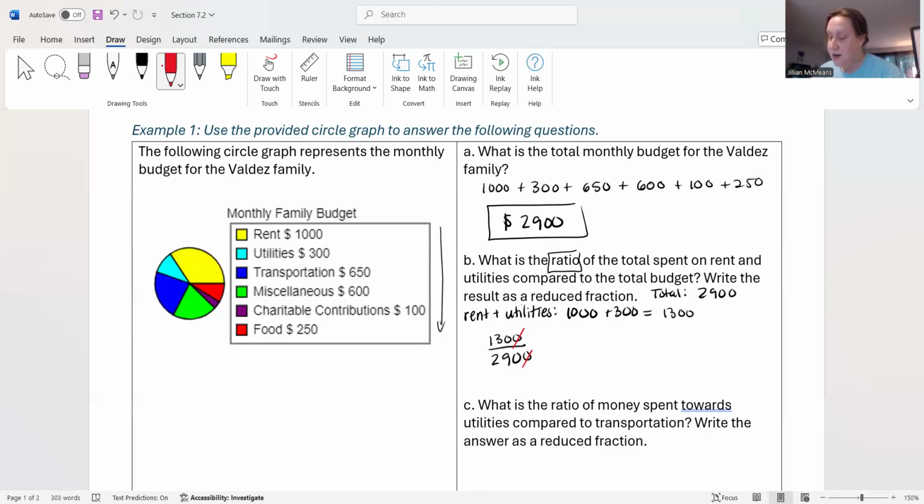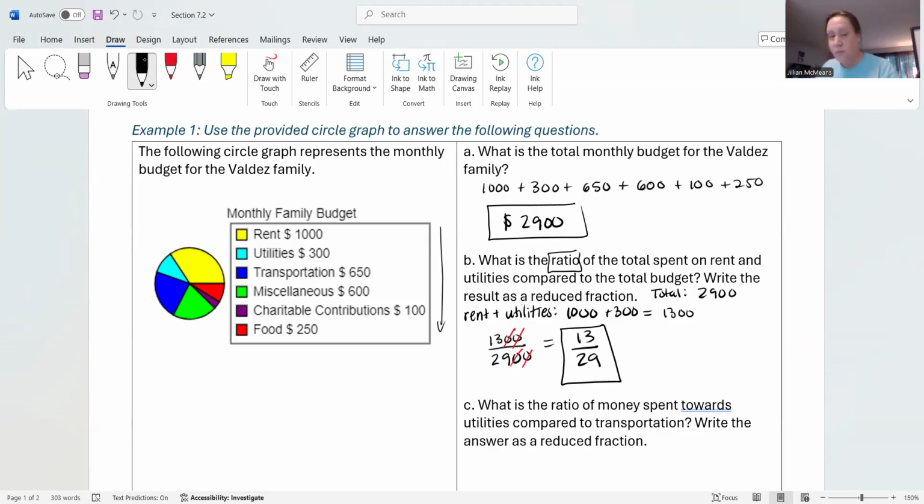Another zero on top and another on the bottom, that's like dividing by 10 again. So what we're left with is 13 over 29. These are both prime, so we're reduced. The ratio of rent and utilities compared to the total budget is 13 to 29. So for every $29 of the whole budget, $13 is spent on rent and utilities.